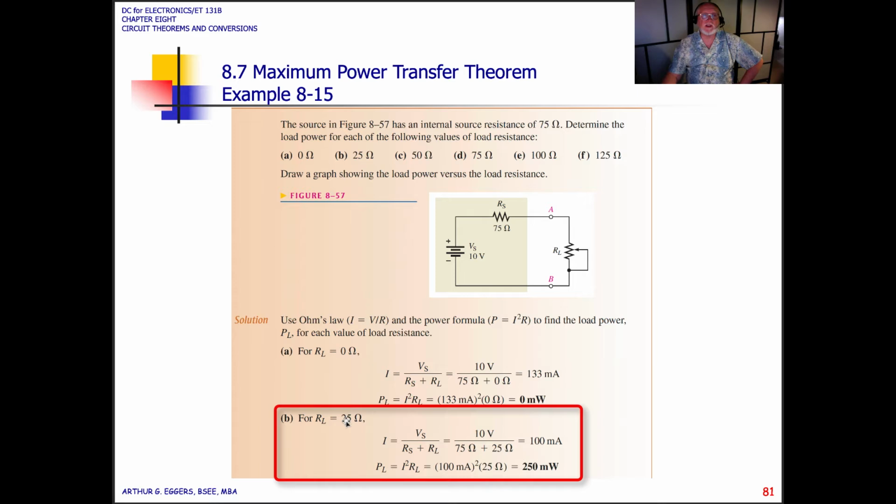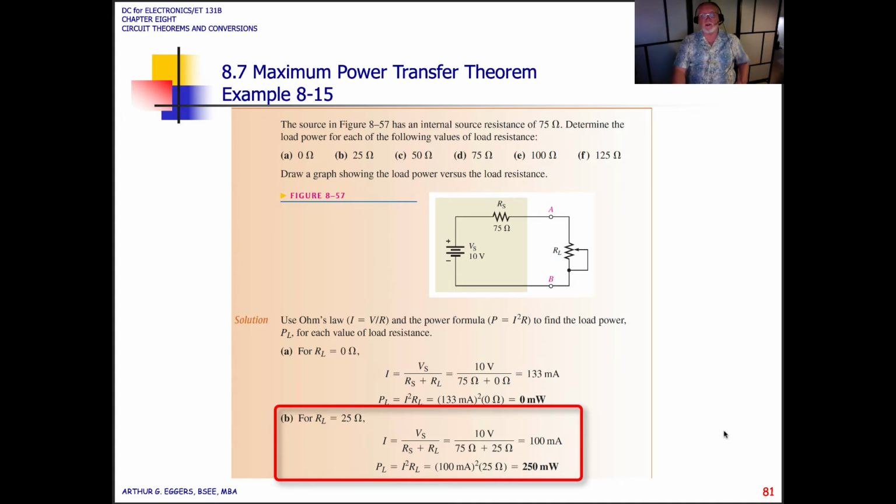So let's up it to 25 ohms. We have 10 volts divided by 100 ohms, and we get 100 milliamps of current. So I squared R, 100 milliamps squared times 25 ohms, gives us 250 milliwatts of power. So we're starting to pick up.